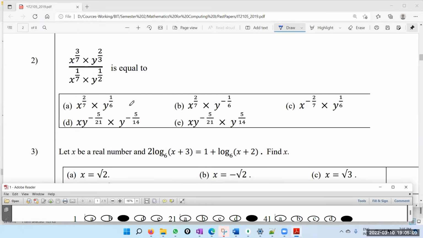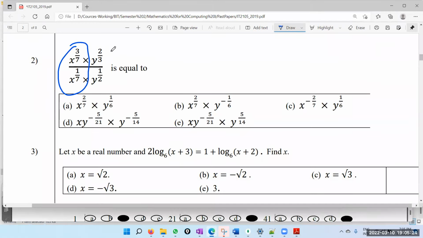Right, second one. x to the power 3 divided by 7 into y to the power 2 divided by 3, and so on. Again, it's a very easy question. And again, we know that we can simplify if they are of the same base. So division is subtraction.